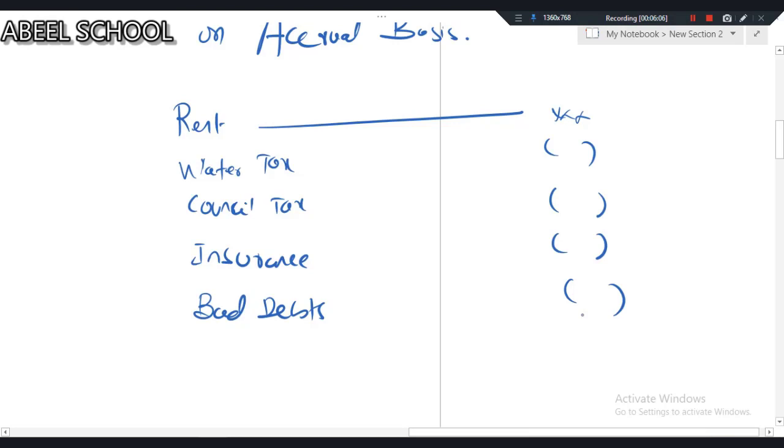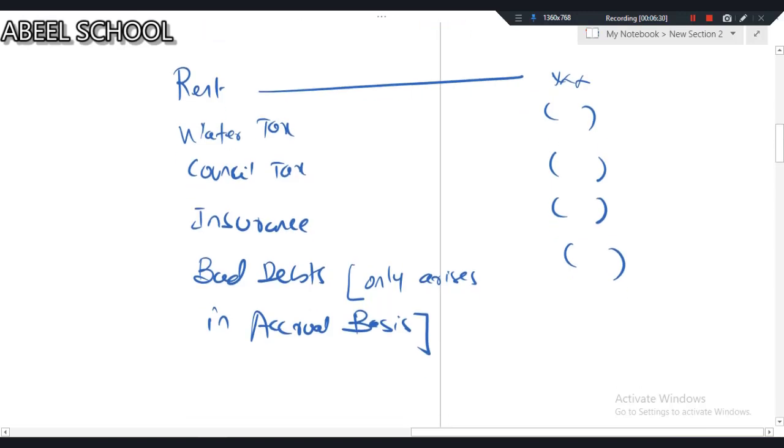So the bad debt issue can only arise in accrual basis. Otherwise the bad debt issue cannot come. So we will adjust for bad debts only on accrual basis.